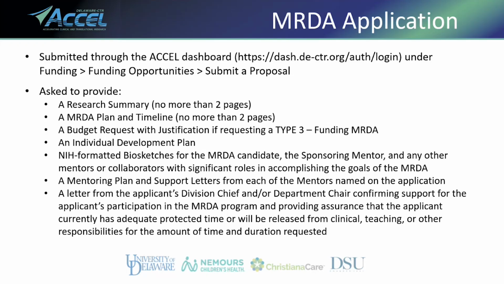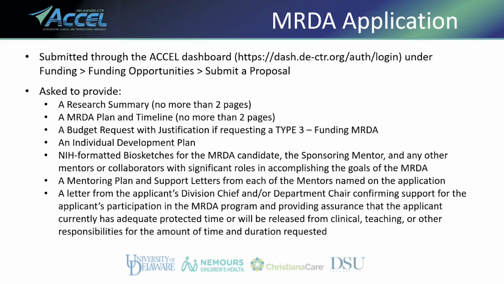Basically, what are the basic steps you're going to do to develop this competitive grant proposal? And what is your timeline for accomplishing those goals? Again, that section is no more than 2 pages. If you're requesting a Type 3 funding only MRDA, we also ask you to provide a budget request with a justification for that budget.